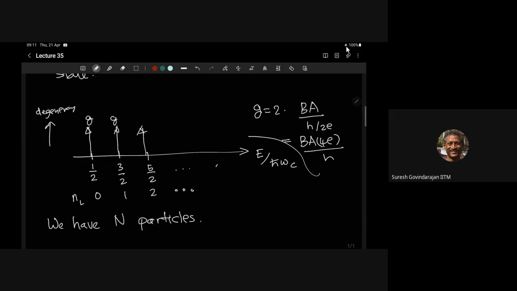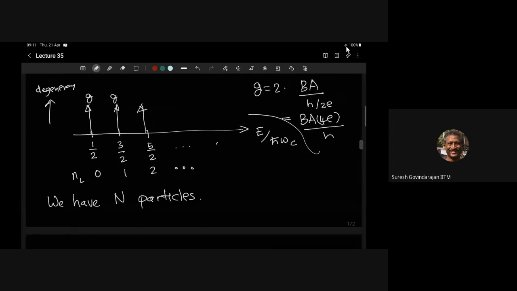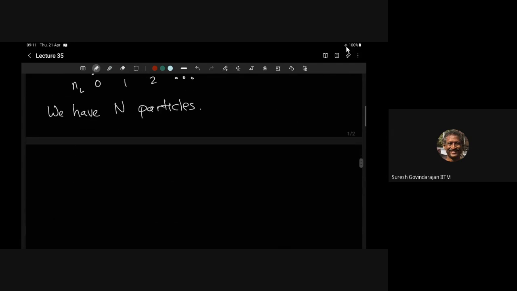We'll start filling these levels, and in terms of energy, this is the lowest. So you would fill these and use up G of the particles. Let us assume that all Landau levels with n_L equal to 0, 1 up to some J are fully filled.